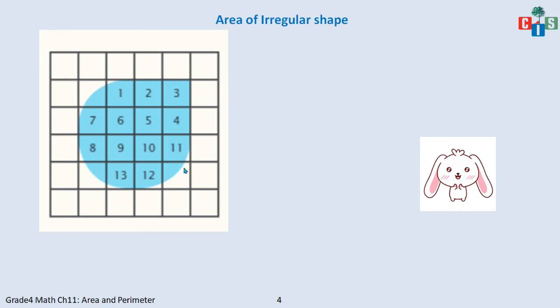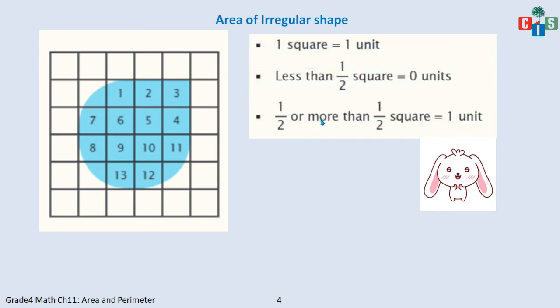The squares with half blue color and more than half are to be counted. Less than half is not to be counted. I repeat, the squares with more than half and equal to half are to be counted as one square, and the squares with less than half colored are not to be counted. So that's what we are going to do.